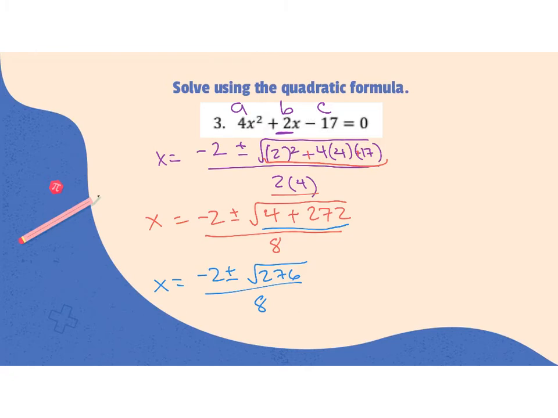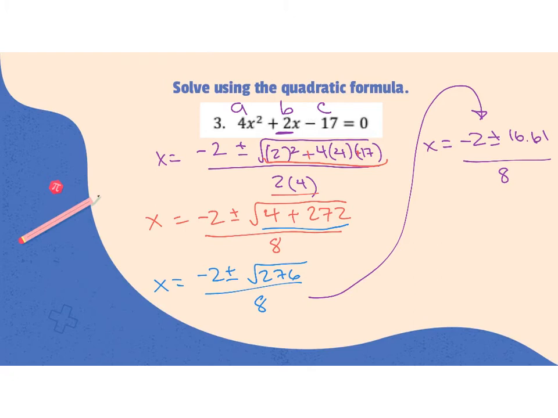So when you take the square root of 276, you get 16.61. It's kind of an awkward number. 276 is not a perfect square. So negative 2 plus or minus 16.61 divided by 8.